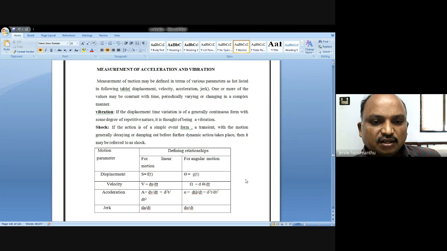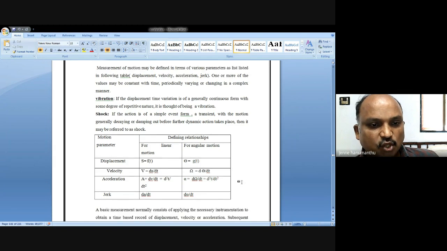See, we have to represent it like this: acceleration is nothing but rate of change of velocity. So if you take the rate of change of acceleration, it is nothing but jerk, or shock.